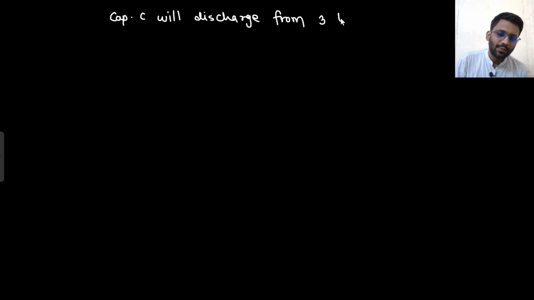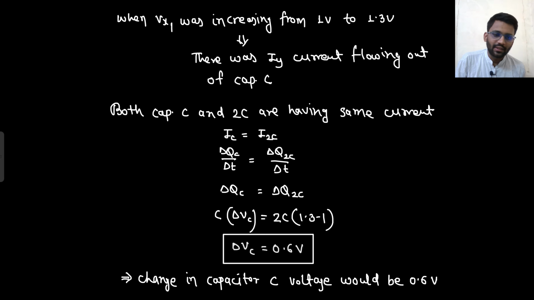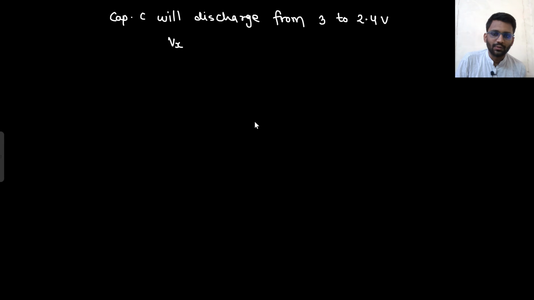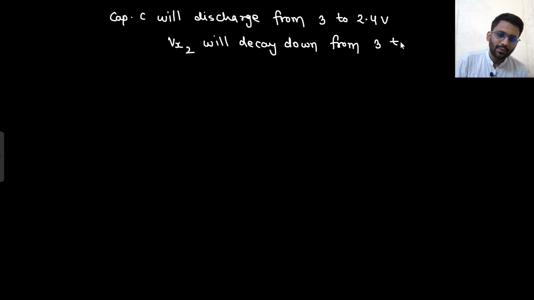So capacitor C will discharge from 3 to 2.4 volt. So Vx1, is it Vx2? Okay, Vx2. Vx2 will decay down from 3 to 2.4 volt.